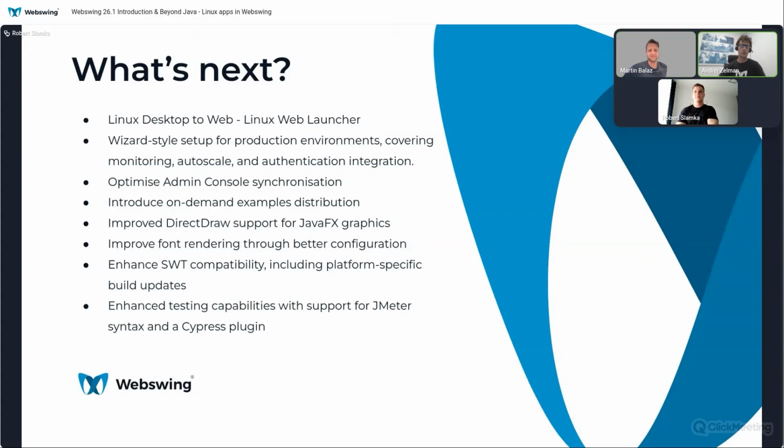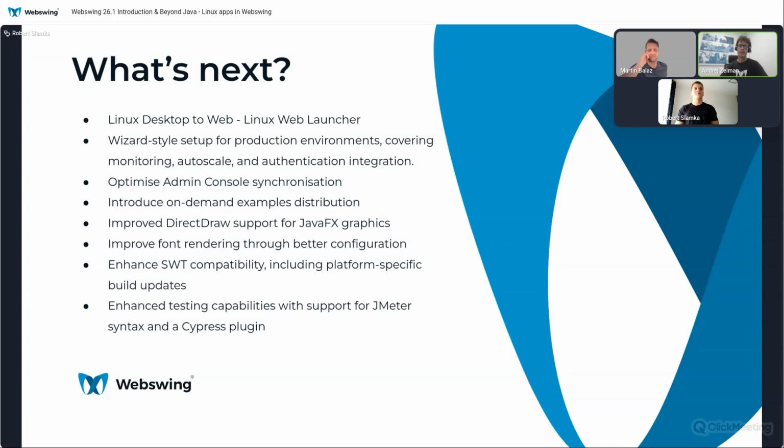So for the next release, the first point is what Robert just showed us. Thank you, Robert. Then we are working on a wizard style helper for configuring the production environment.